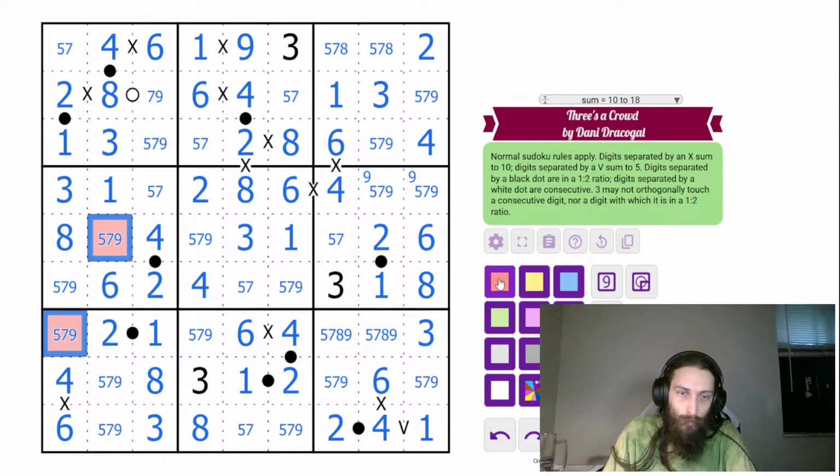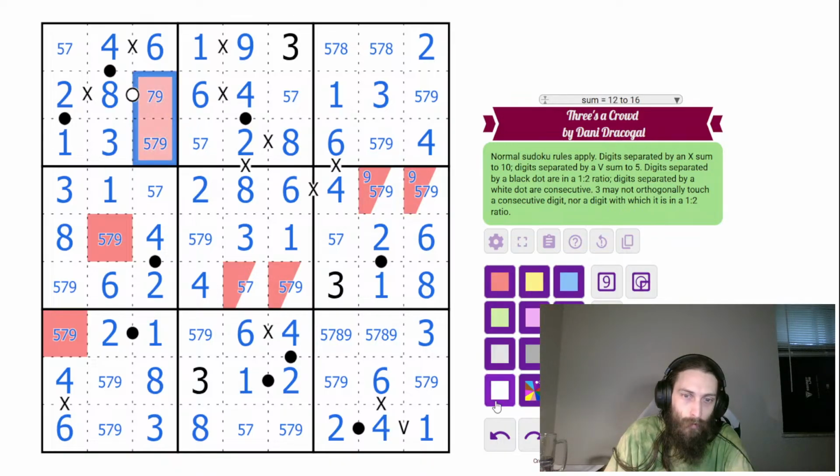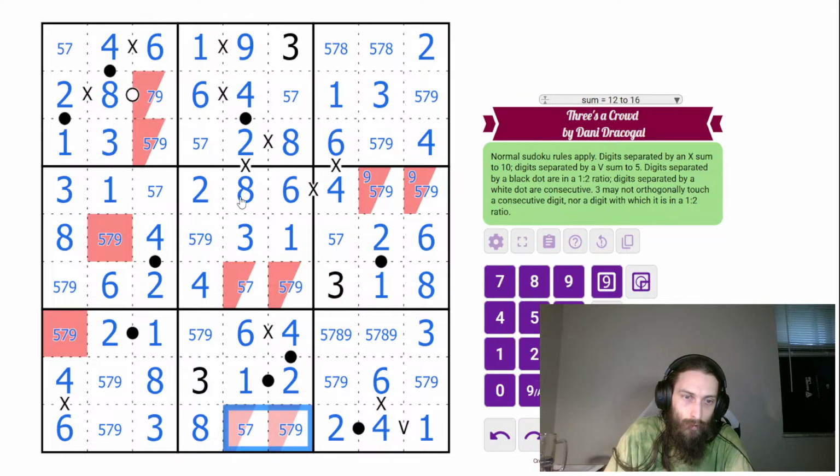Okay, well, those 2 are red. So red ends up being one of those two. Those two. These two. So suddenly that one's red. It's the only 5, 7, or 9 in this column. So that can't be red.